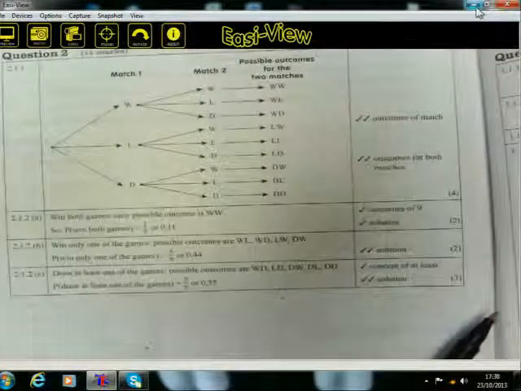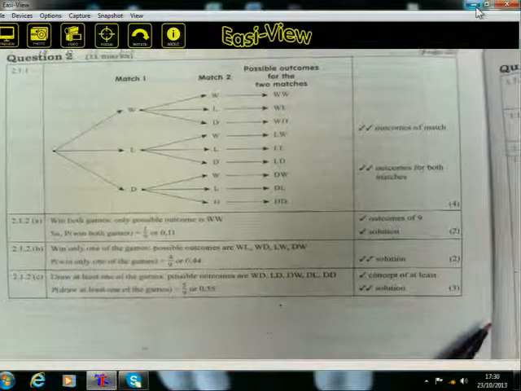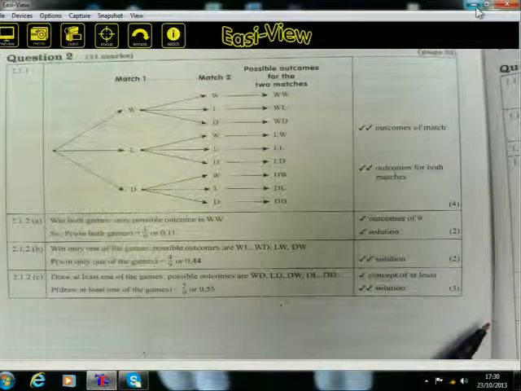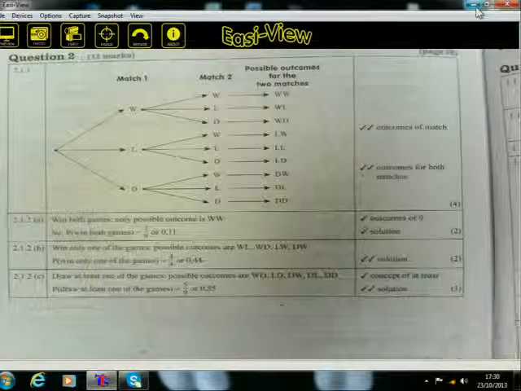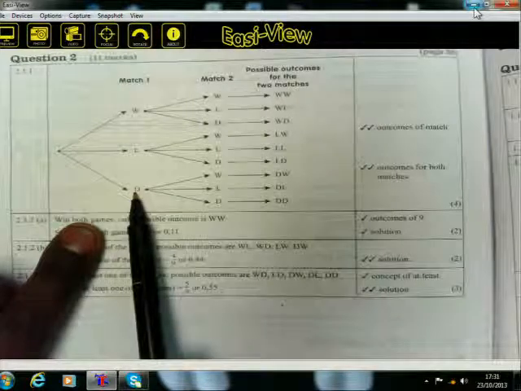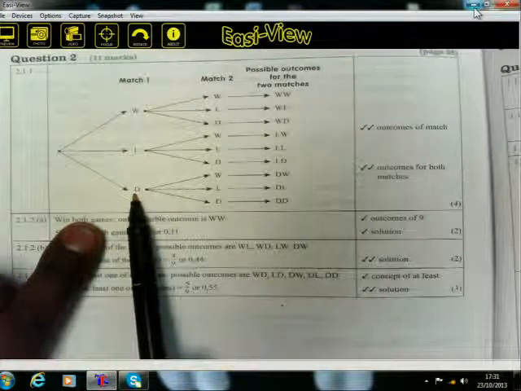It is paper 2, November 2009. Please check it. The first game has 3 outcomes: win, lose, or draw. Again, after a lose, it has 3 outcomes: win, lose, draw. After a draw, it also has 3 outcomes: win, lose, draw.